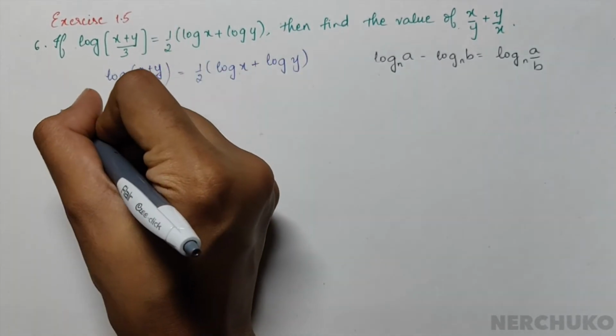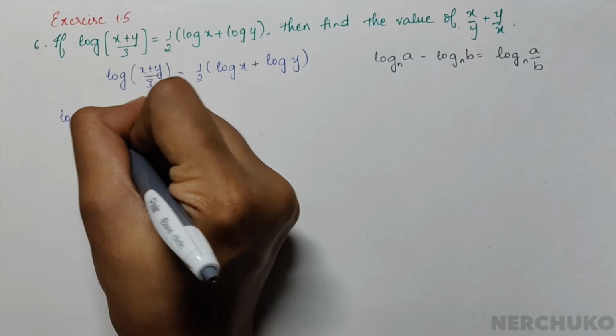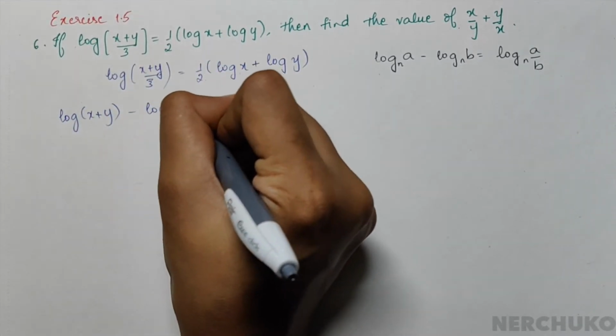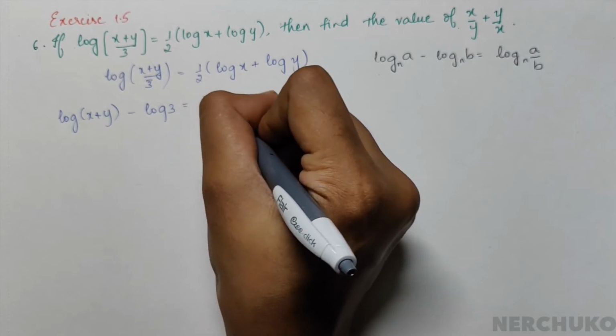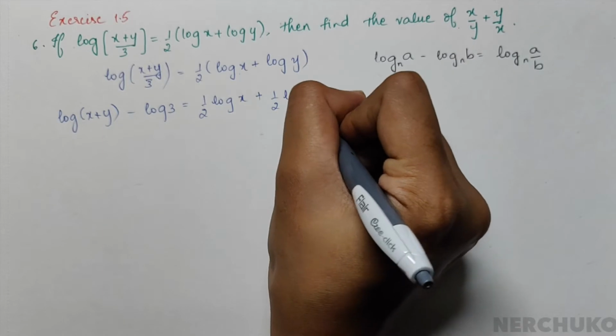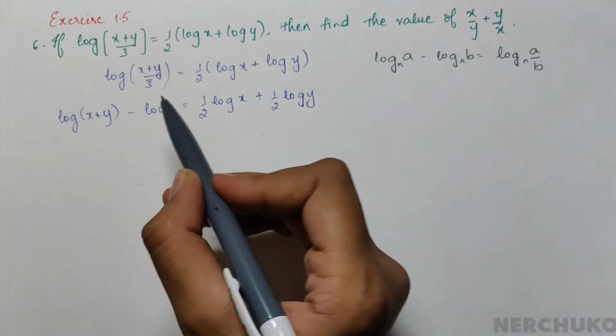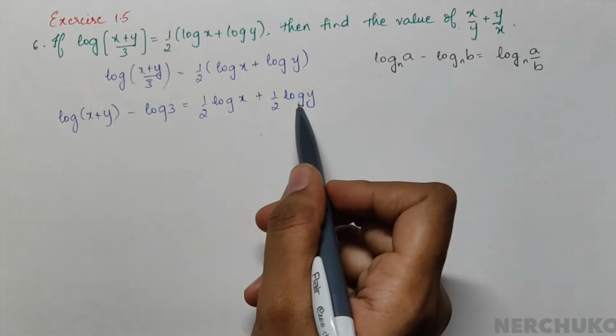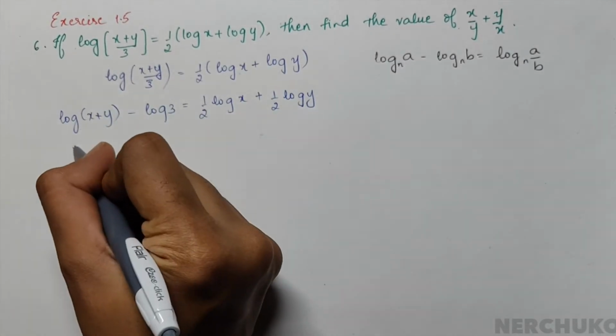So LHS will become log of (x plus y) minus log 3 is equal to half into log x plus half into log y. Now I'll send log 3 onto the right hand side, and I will get half log x plus half log y onto the left hand side.